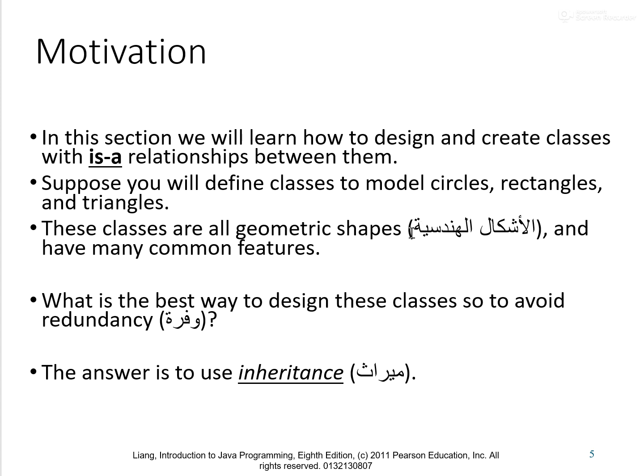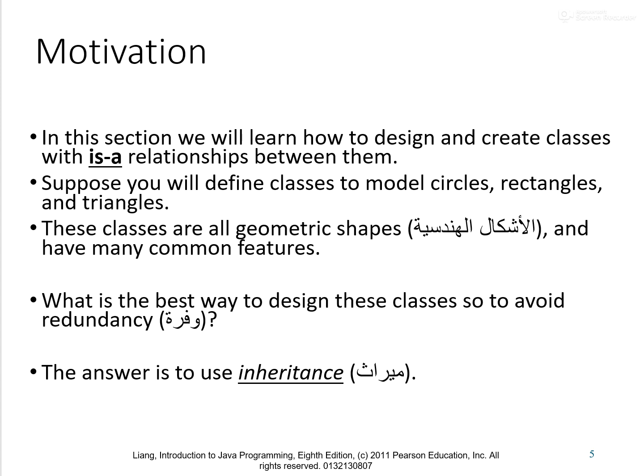Then we'll have a couple of shapes underneath that, shapes that have an is-a relationship with geometric shapes. And we'll also avoid rewriting a lot of code using something called inheritance that we can take advantage of in object-oriented programs.